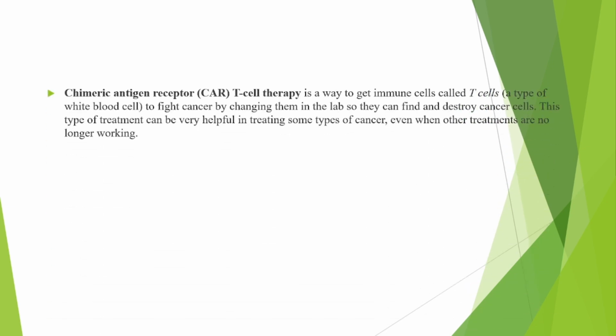Now, chimeric antigen receptor T-cell therapy is a way to get immune cells called T cells, a type of white blood cell, to fight cancer by changing them in the laboratory so they can find and destroy cancer cells.